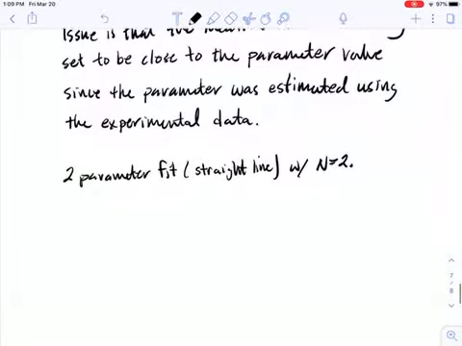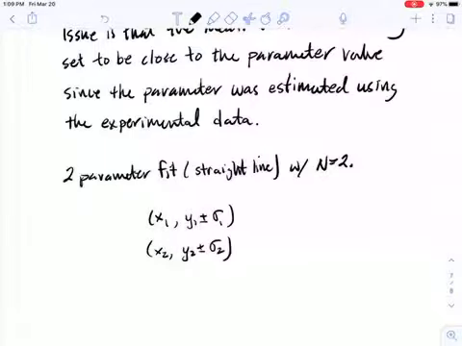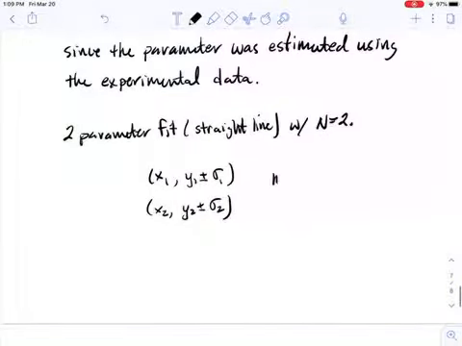Okay, so in that case, what we do is we measure x1 and y1 plus or minus sigma 1, and x2 and y2 plus or minus sigma 2. And our model is y equals an intercept plus a slope times x.